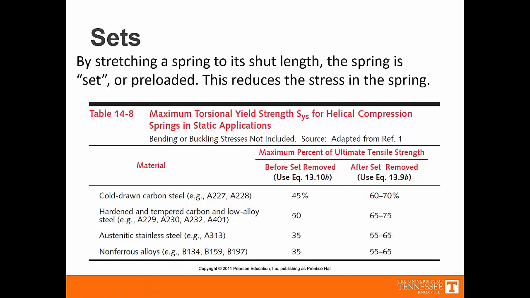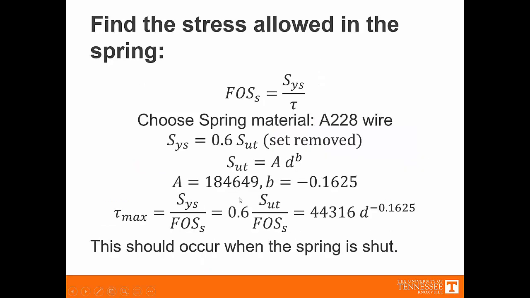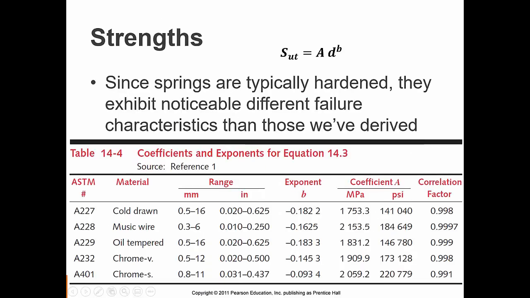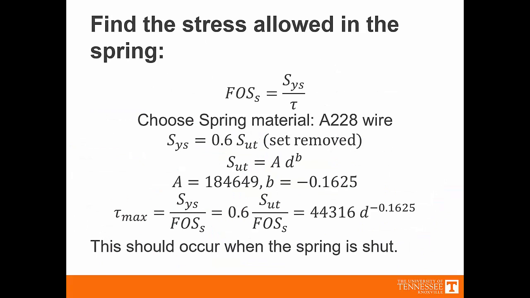And this is A228, which is the material that we're using. Okay, so we've now chosen the A228 wire. We know that our ultimate strength, we're going to pull values for A and B. That again comes from these two tables. So A and B: A is 0.1625 and B is minus 1.265.